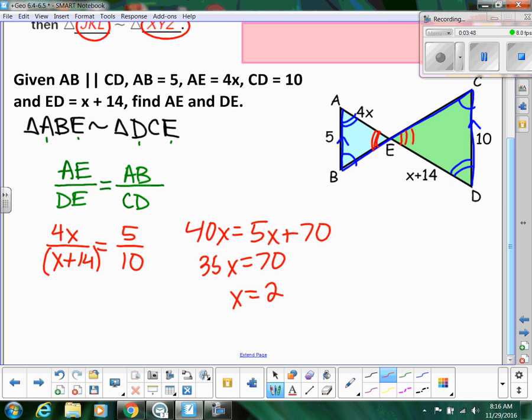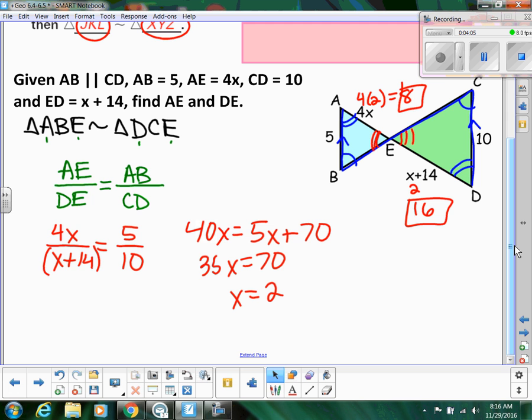Remember, what they're asking us to find is AE and DE, so plug that back in. If I plug in 2 here, I get AE equals 8. If I plug in 2 here, I get DE equals 16. That's how we can use similar triangles to help us find more information.